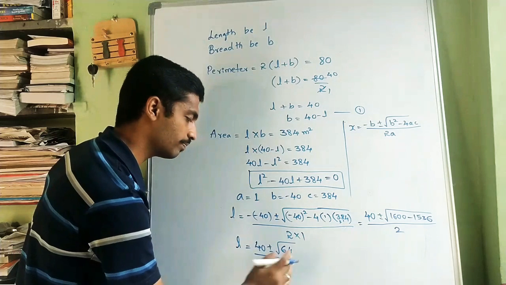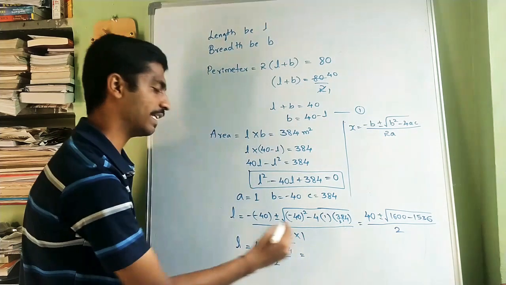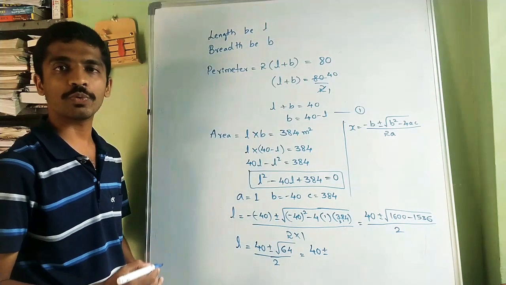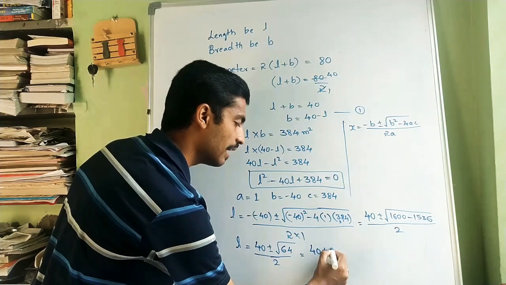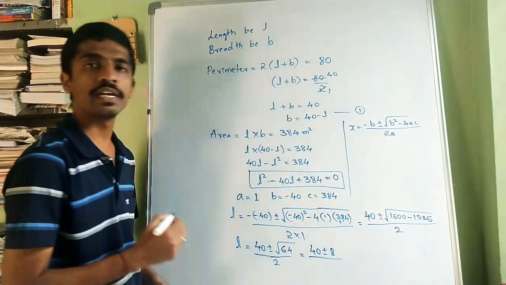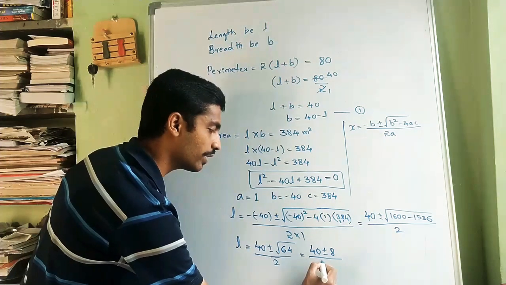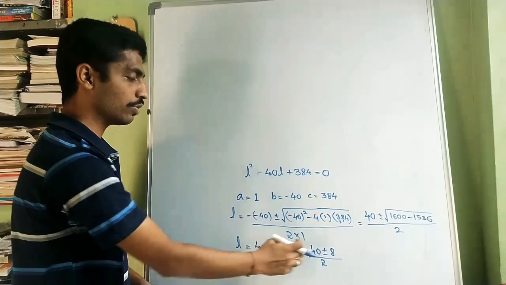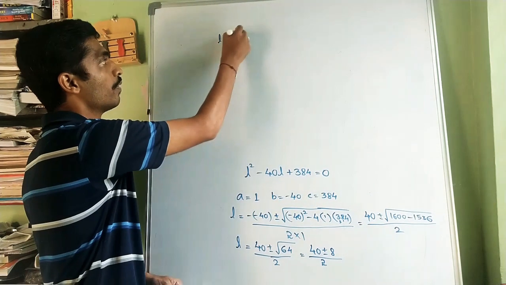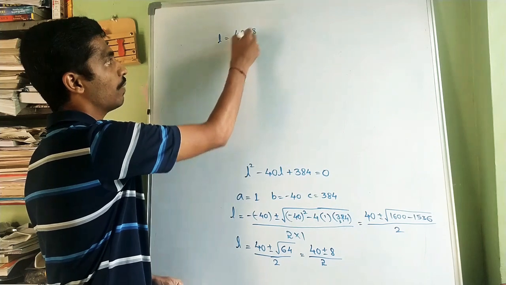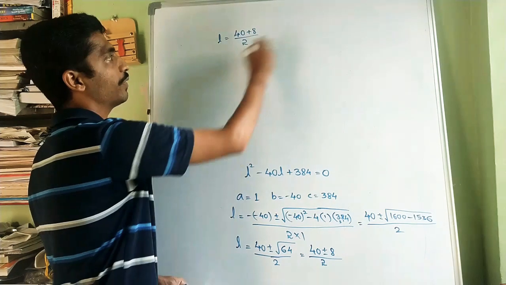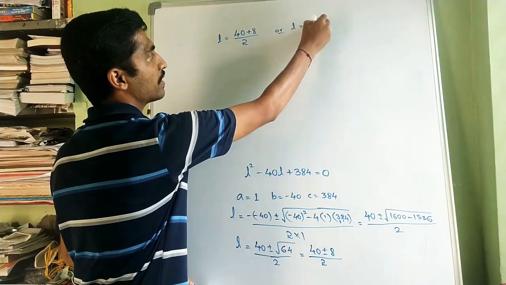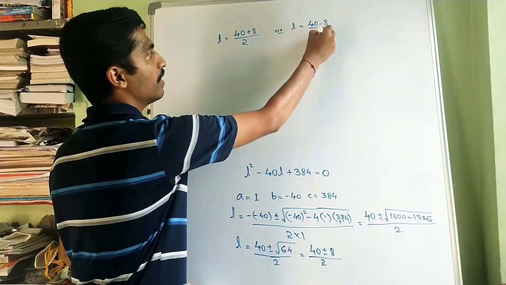Okay, so now taking 40 plus or minus root 64. What is the root of 64? It is 8. Root of 64 is 8. We will get here 40 plus or minus 8 divided by 2. Okay, so L equal to 40 plus 8 once you add it and divide it by 2, or once you subtract and divide it by 2.